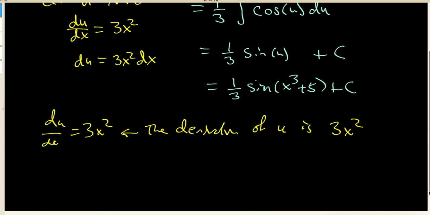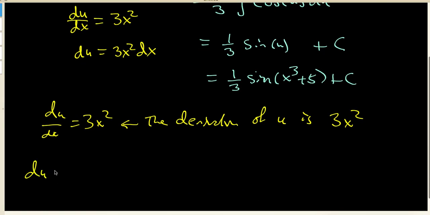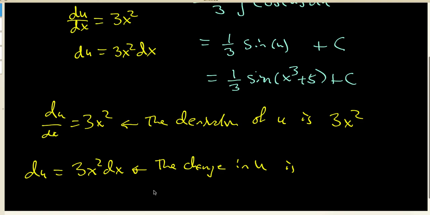When we write du is equal to 3x squared times dx, we are saying that the change in the variable u is equal to 3x squared times the change in the variable x.